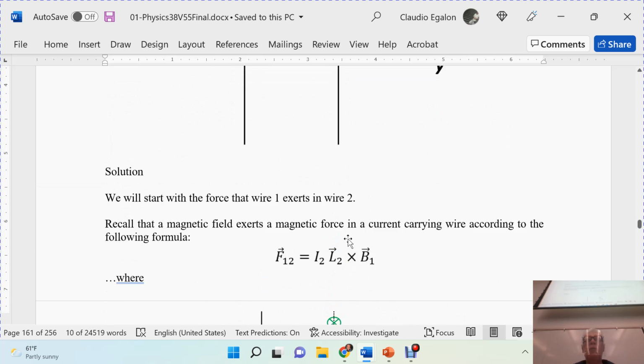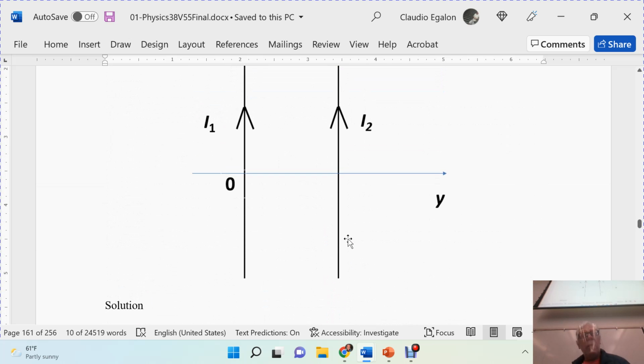A very good rule of thumb to determine the direction of the magnetic field around a wire is to use the right hand rule. If the current is pointing upwards, you make your hand move in a circular fashion with the thumb pointing in the direction of the current. So in this case, the magnetic field will circulate in this direction.